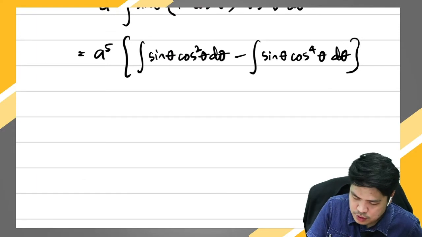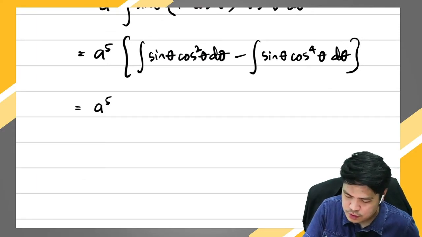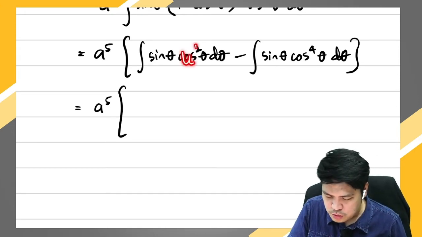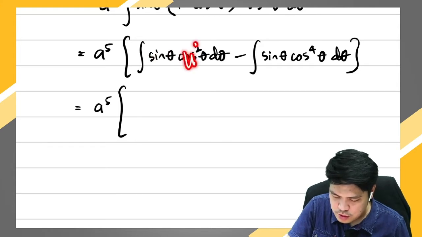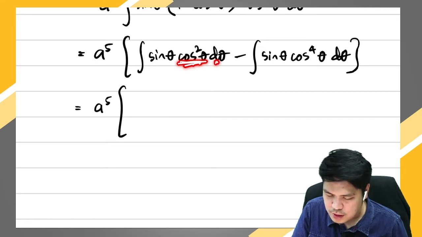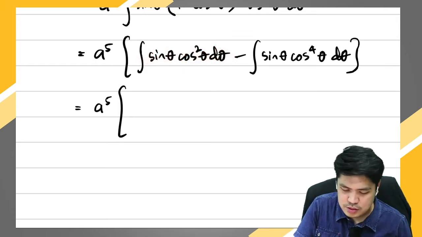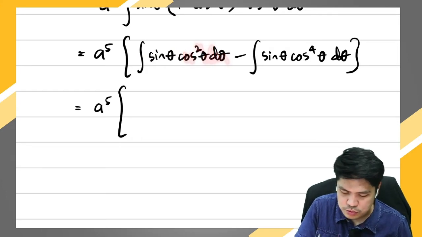And therefore this is just a raised to 5 times what will happen here. This now resembles u raised to n du, right? If this is our u, this is our n, du, the derivative of cosine theta d theta, the derivative of cosine theta is just negative sine theta d theta. So therefore, this is u raised to n du.